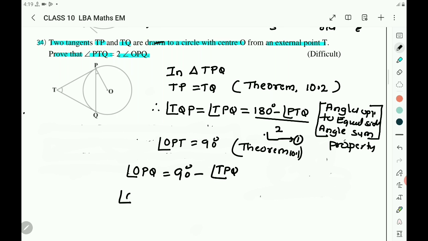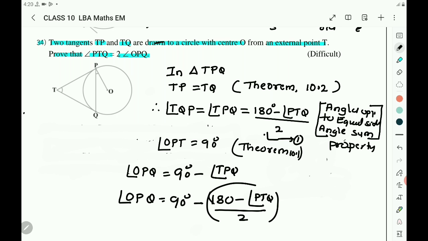Then you write angle OPQ equals 90 degrees minus angle TPQ, which is equal to 90 degrees minus (180 minus angle PTQ) by 2. Write it in the bracket because two terms are there.